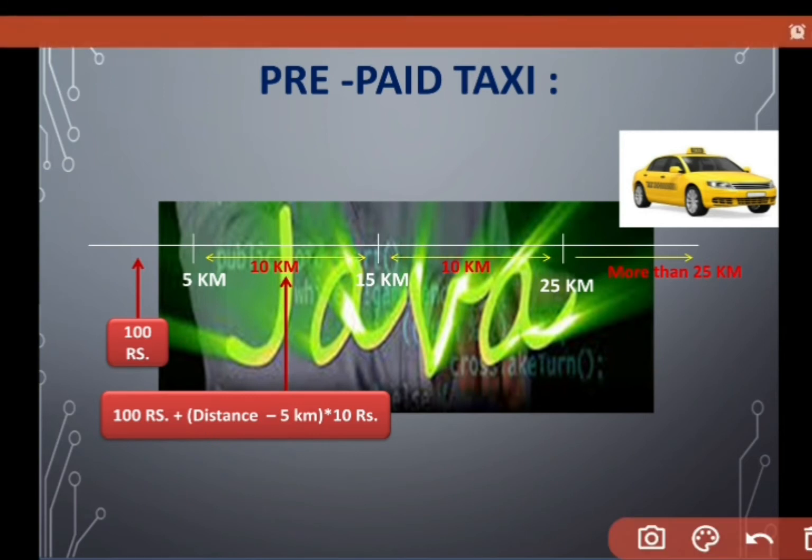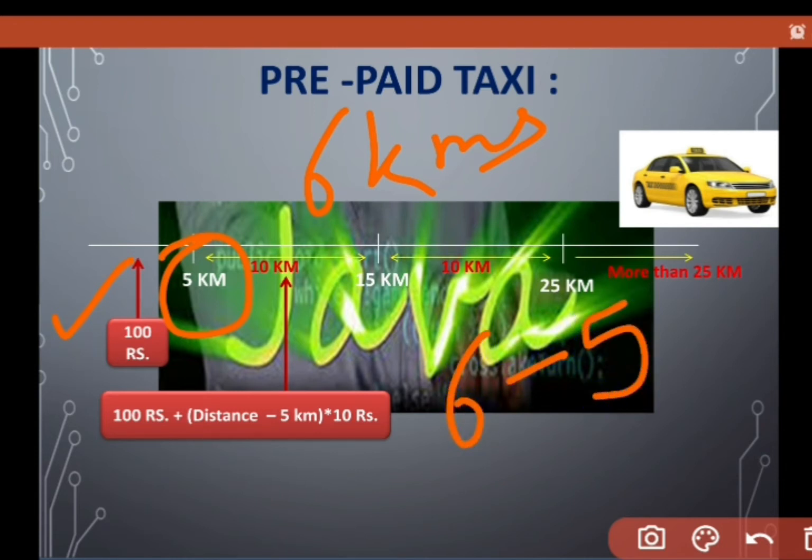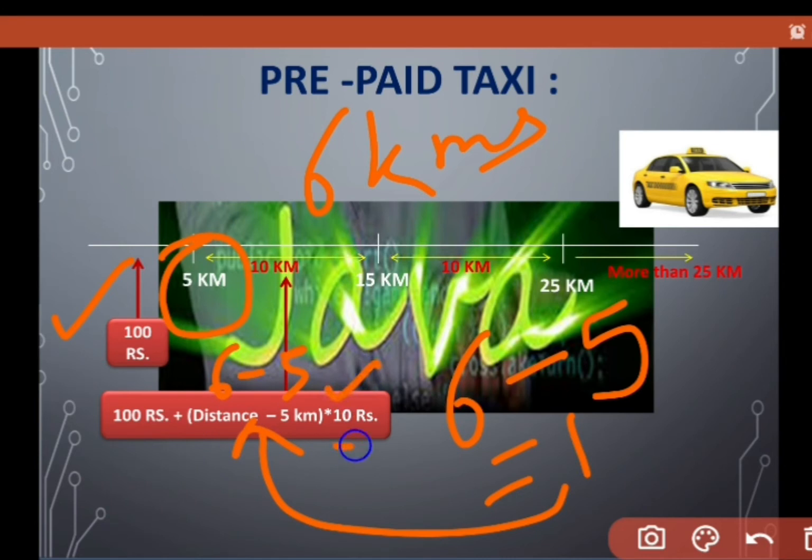How? If you are covering 6 kilometers, then for the first 5 kilometers you have to pay 100 rupees, and you have to subtract 5 from what you have. Whatever distance you are covering, you subtract 5, and then you pay 10 rupees for each kilometer. In this way you have to find it out.